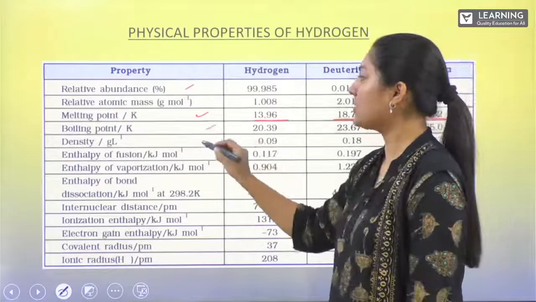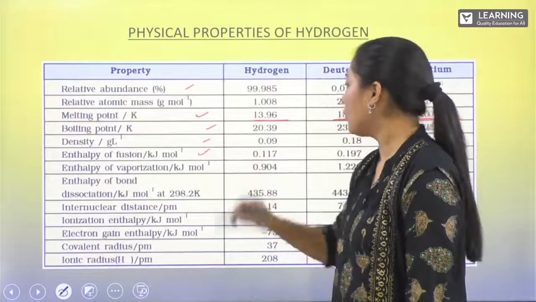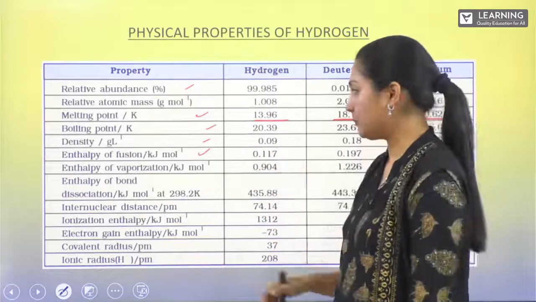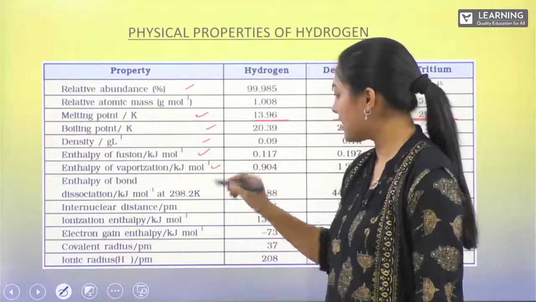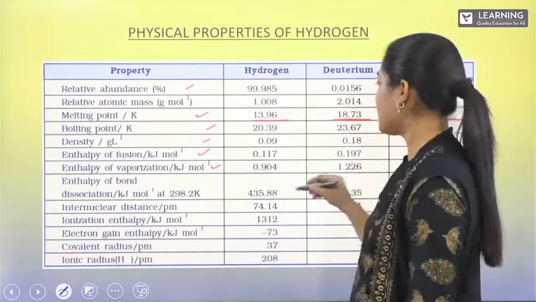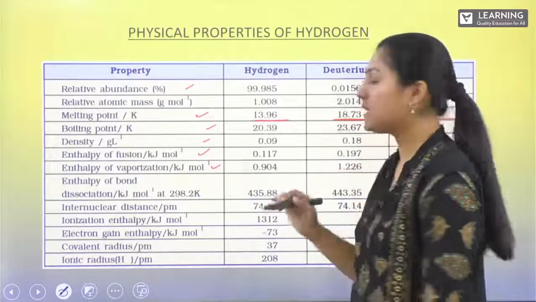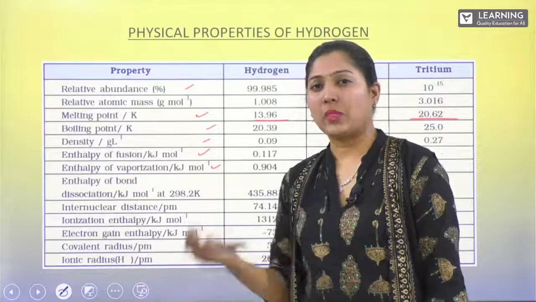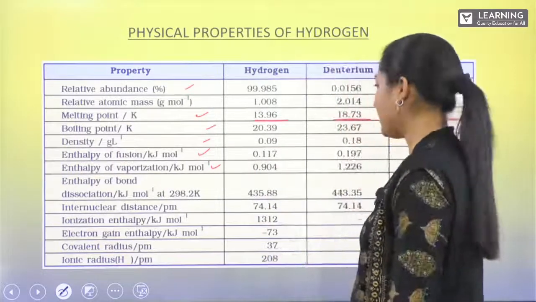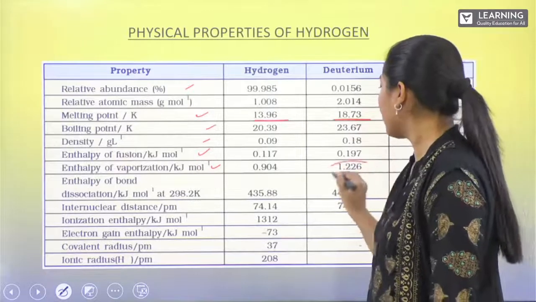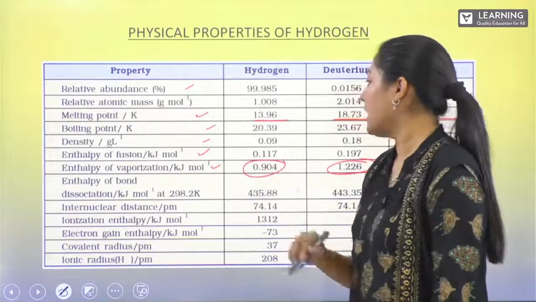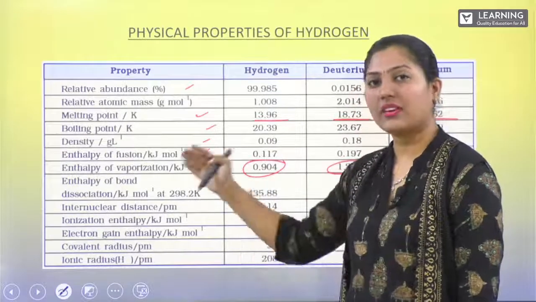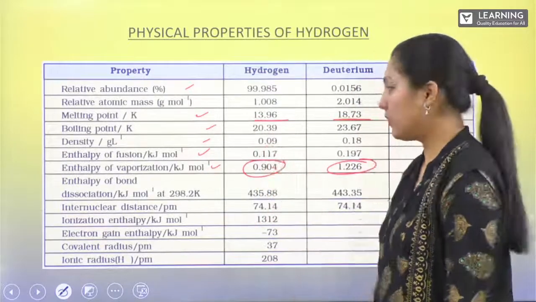We have boiling point, density, enthalpy of fusion, and enthalpy of vaporization, how fast it vaporizes. Tritium is a radioactive element, so we cannot get that in the vapor form, but we can find the enthalpy of vaporization for deuterium and hydrogen.